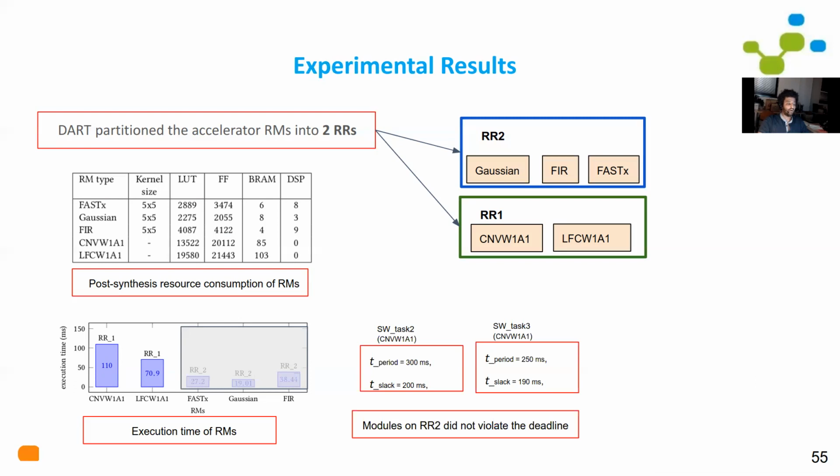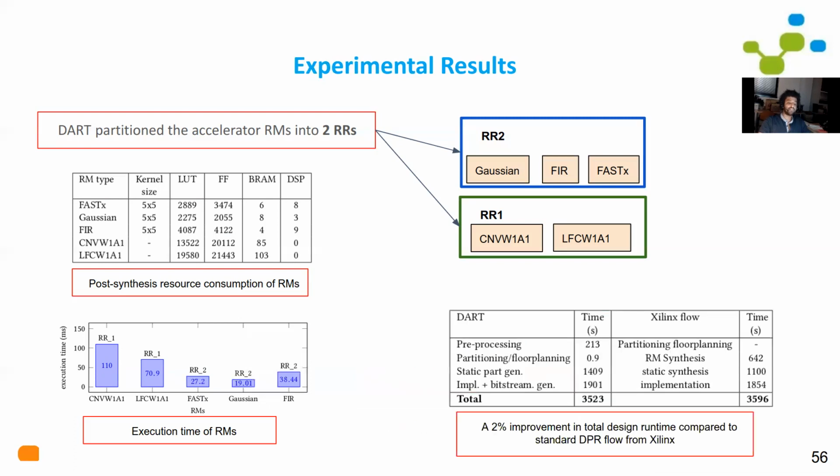So in both reconfigurable regions, timing was not violated, or the deadline was not violated. Finally, we compared Dart with a manual approach using the standard Xilinx flow for dynamic partial reconfiguration. And even in this case, we were able to achieve a 2% improvement in total design runtime, which means our design ran faster than the standard DPR flow from Xilinx.